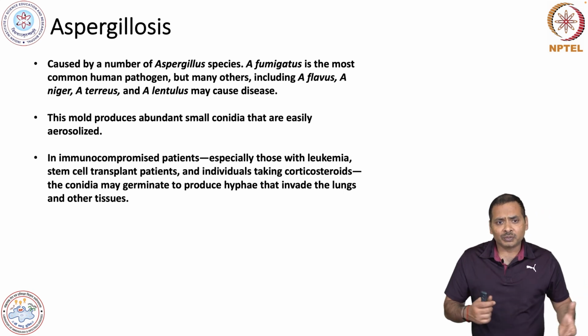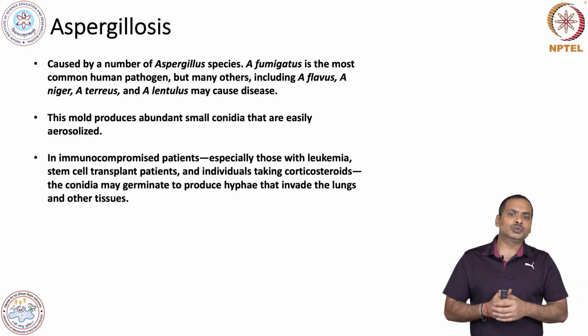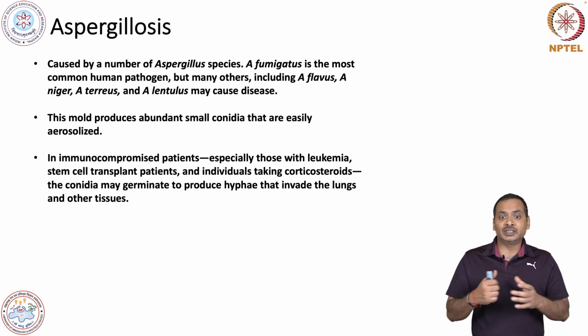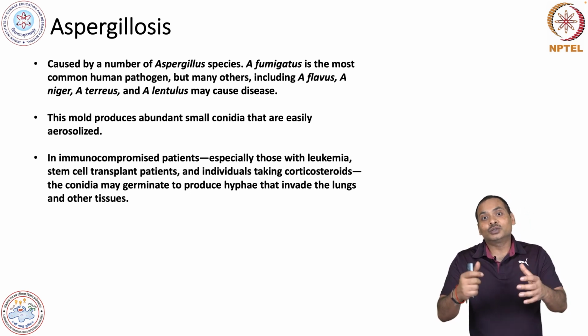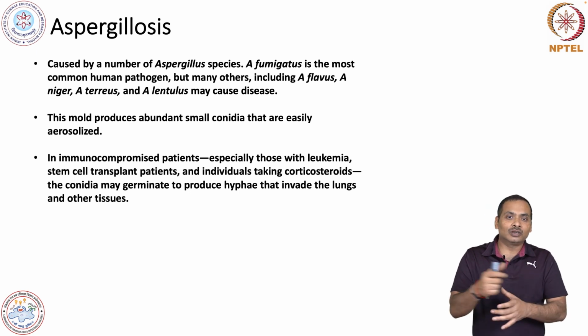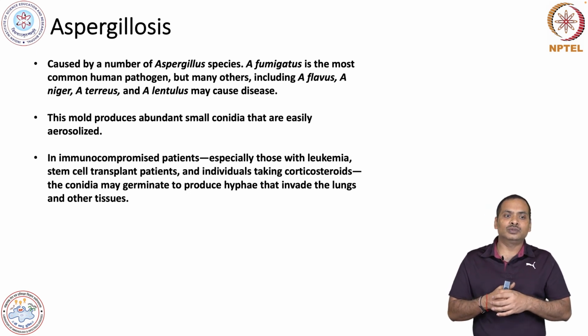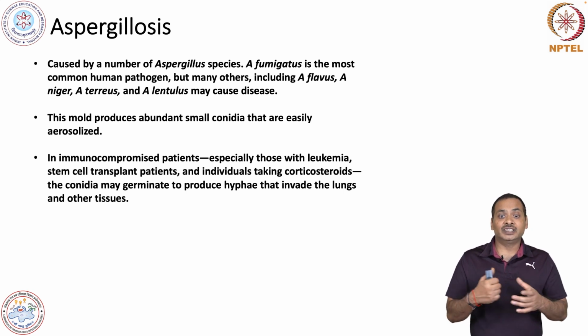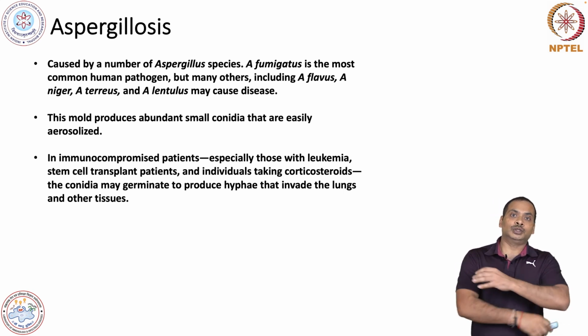In immunocompromised patients, especially those with leukemia, the blood cancer, or stem cell transplant patients, or individuals taking corticosteroids, which are basically immunosuppressive drugs, those who are regularly taking corticosteroids, the conidia may germinate to produce hyphae that invade the lung and other tissues.